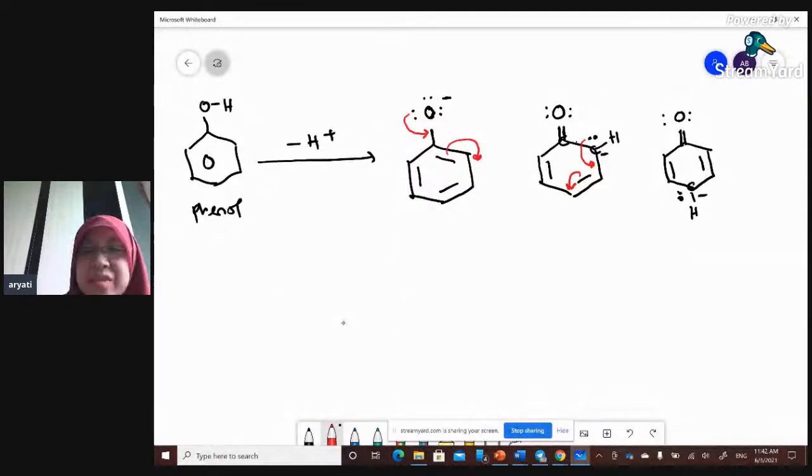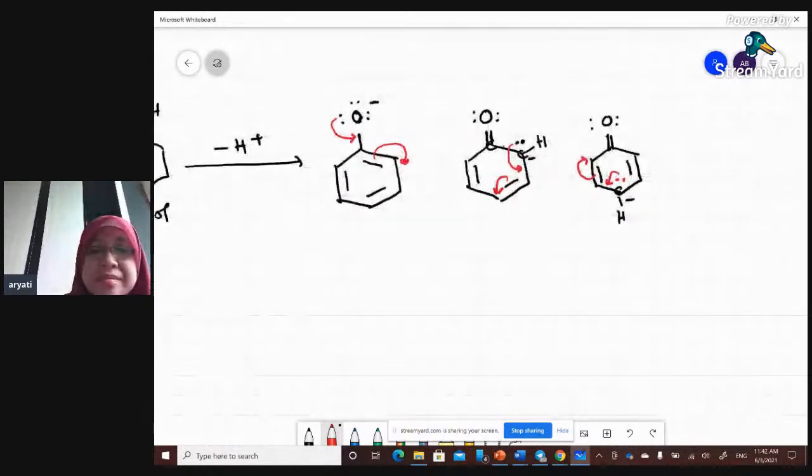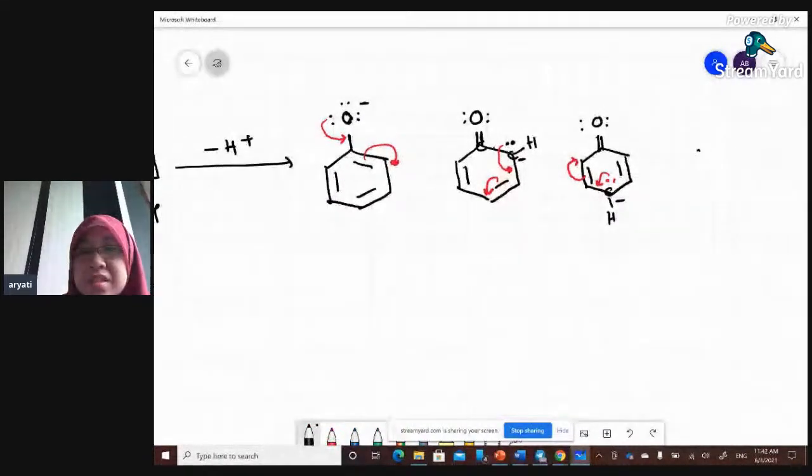So negative charge ni dia pindah dekat sini. So ini negatif dah pindah dekat sini. So dia akan jadi this structure. So carbon ni ada satu H, 1, 2, 3. So ni ada extra elektron.